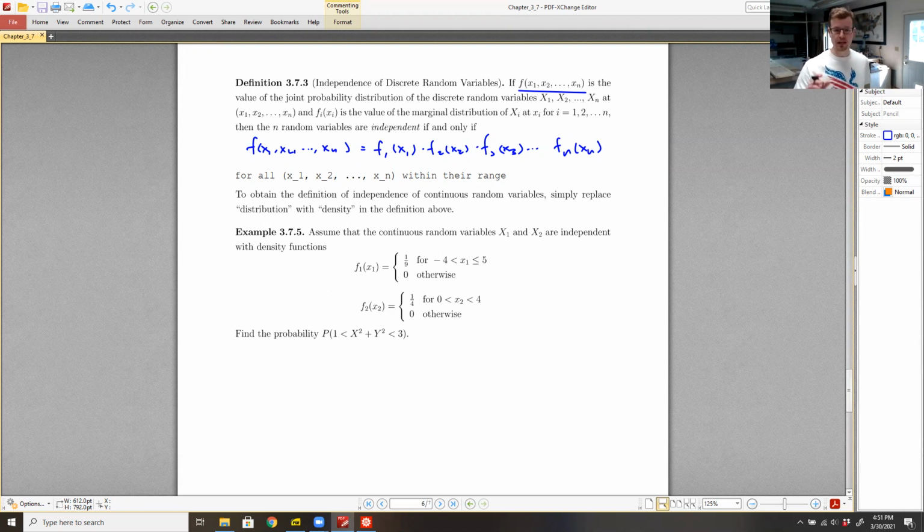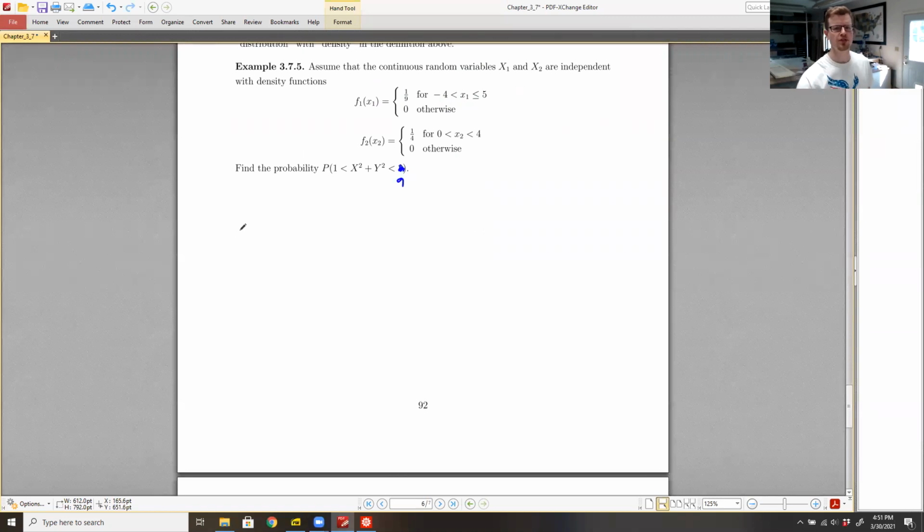Actually, this correction has been made in your notes, but it should be between 1 and 9. I'm trying to keep the numbers relatively simple, to make things easy on us. Essentially, what we're looking to do is integrate the density function over the region that satisfies this.